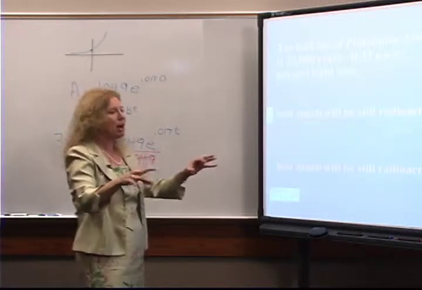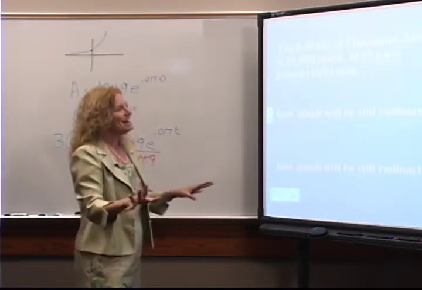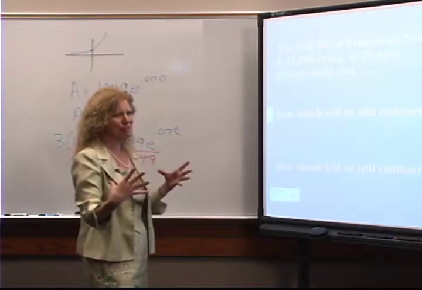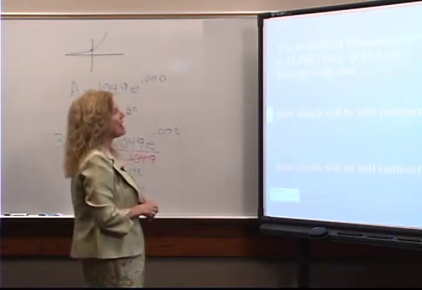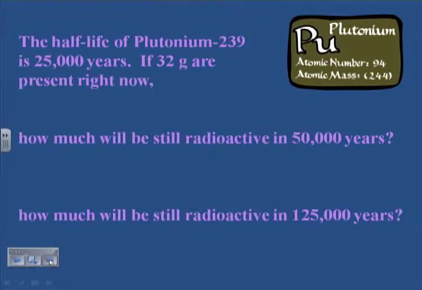And then as the day goes by, a few of them start to calm down just a little. And that's kind of the idea, rough idea of a radioactive element. And the half-life of plutonium-239 is 25,000 years.